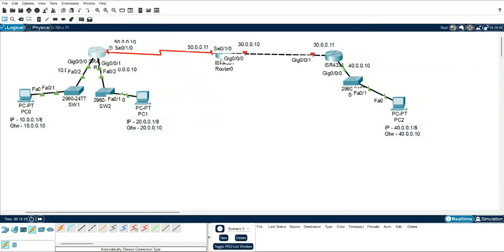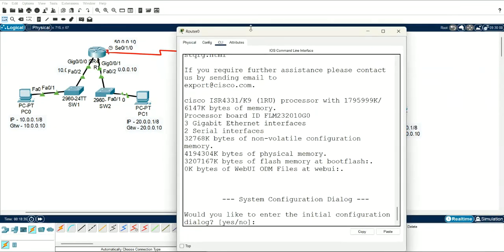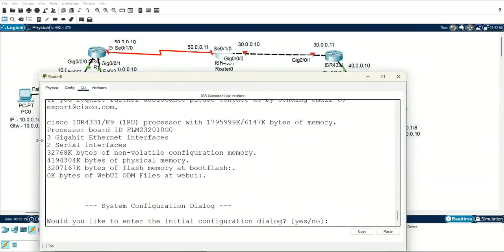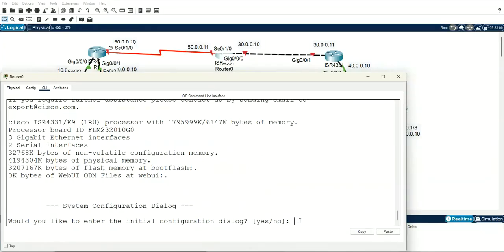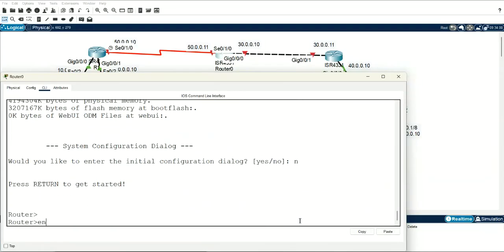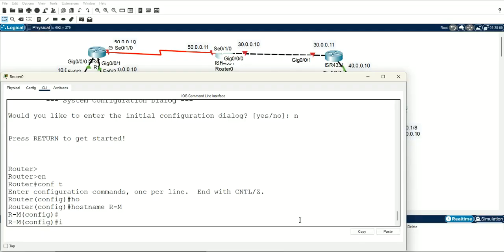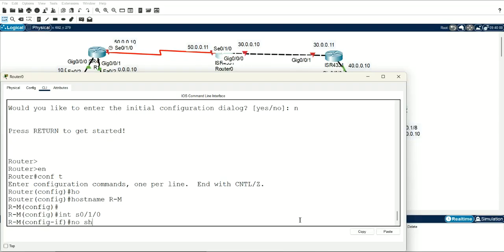Next, on this router, the middle router, I'm going to call it router middle, some name, router middle. Interface serial 0/1/0.